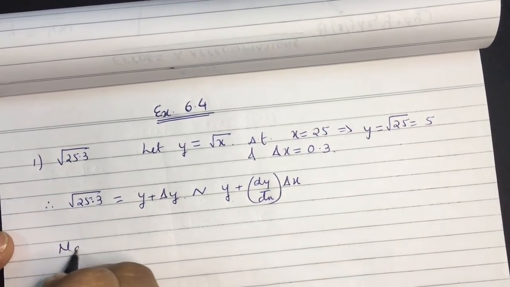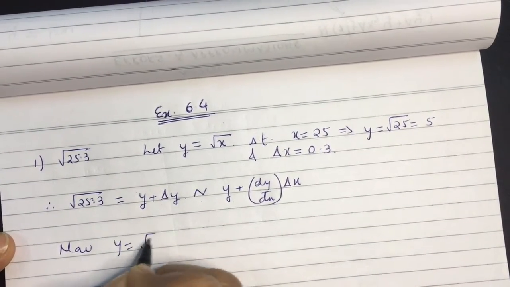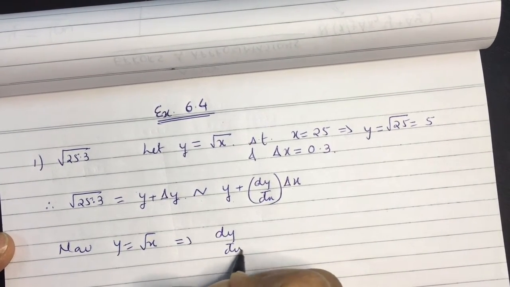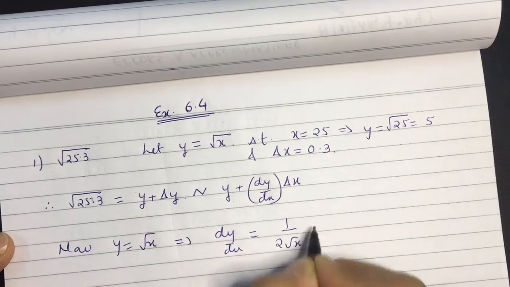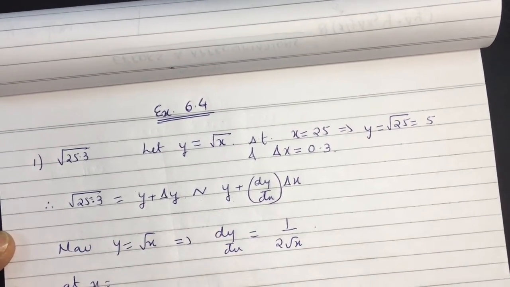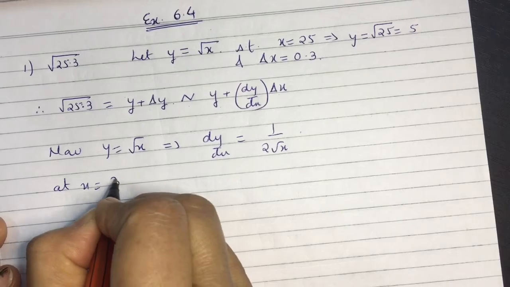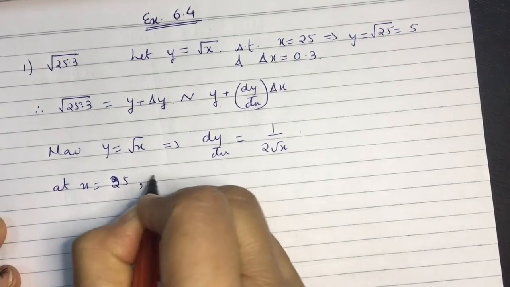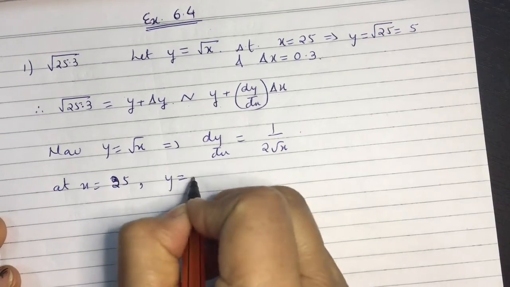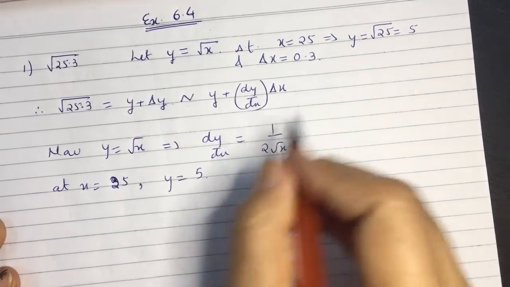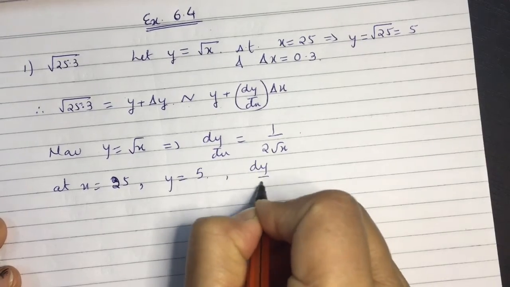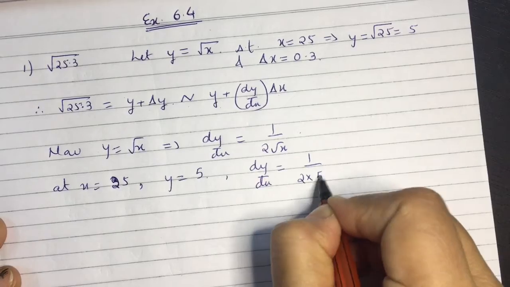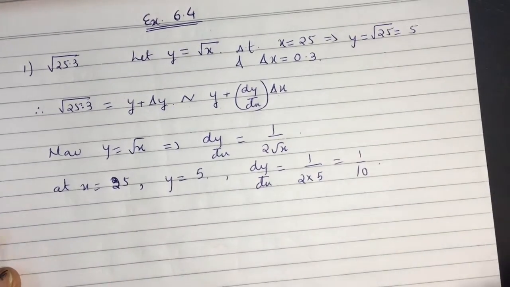Now y equal to root x, it implies that dy by dx is equal to 1 upon 2 root x. At x equal to 25, y equal to 5 as we have seen above, and dy by dx equal to 1 over 2 into 5, which is 1 over 10.